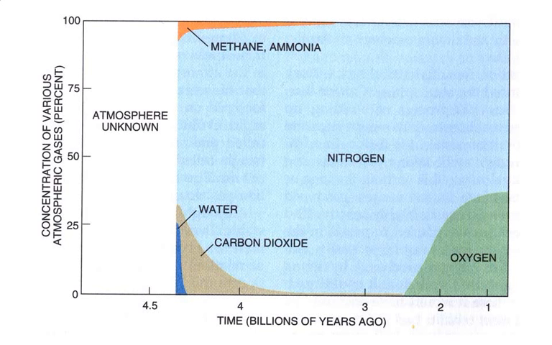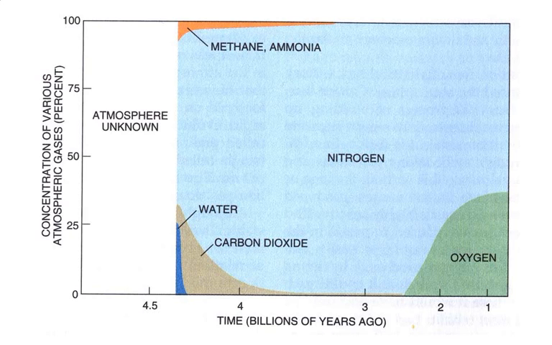In case you were wondering what those components of the early atmosphere were, here is a graph showing you the concentration of these various gases over the past 4+ billion years. Initially, water made up a larger percentage of the atmosphere, almost 25%, than it does today. You can see at the top that methane and ammonia also made up a significant component of the atmosphere.